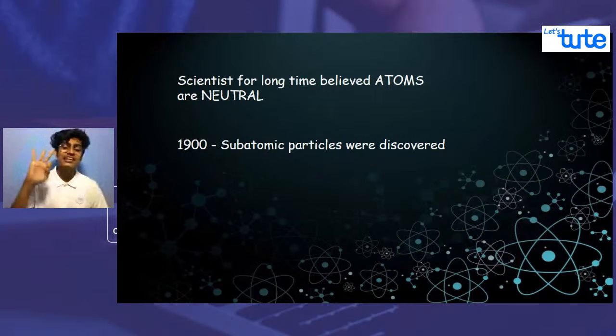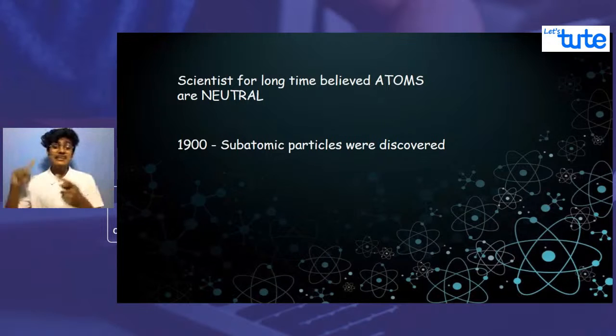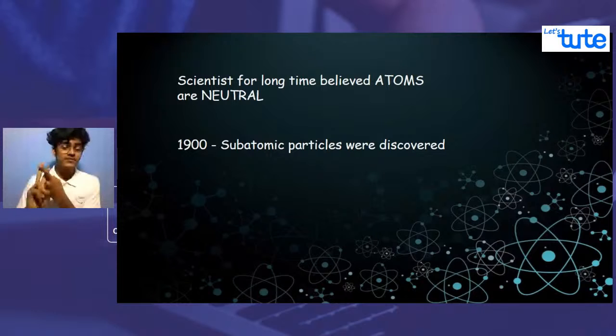We know that there are three subatomic particles: one is electron, one is proton, and the third one is neutron. Electrons are negatively charged, protons are positively charged, and neutrons are neutral. All these three were discovered by 1900.